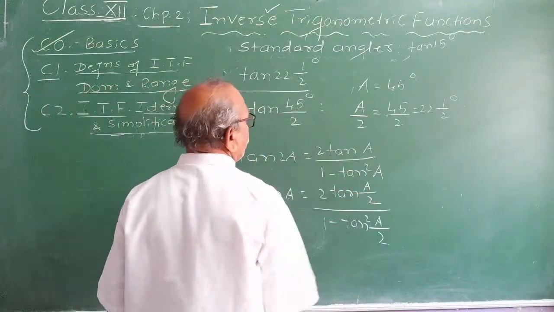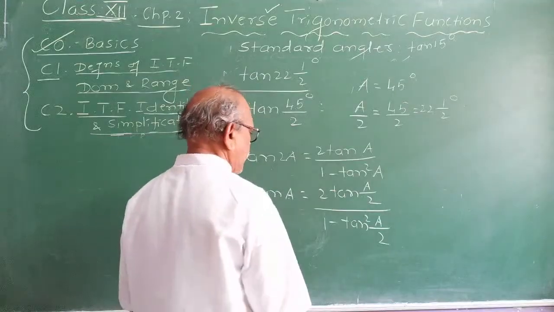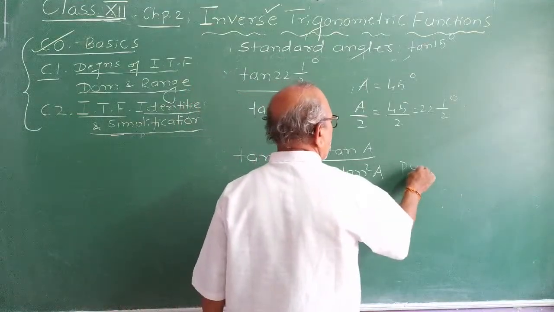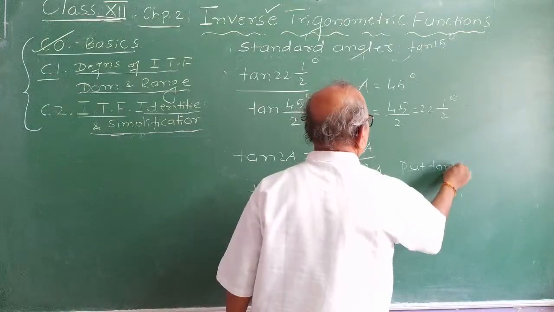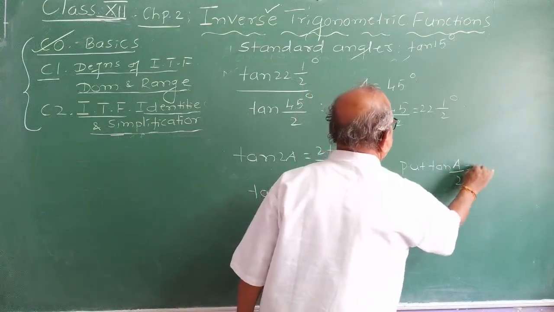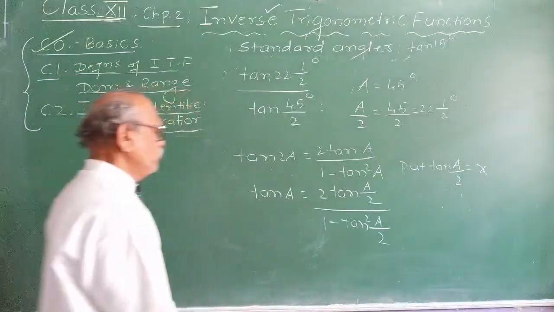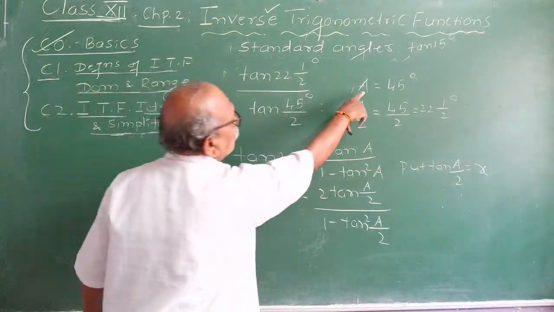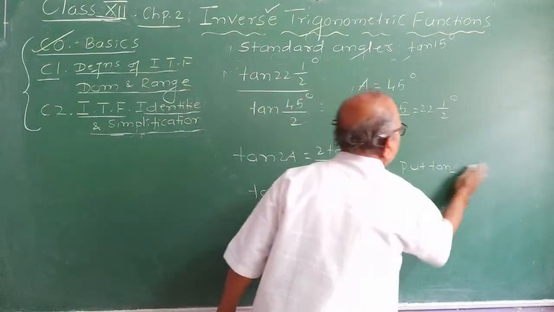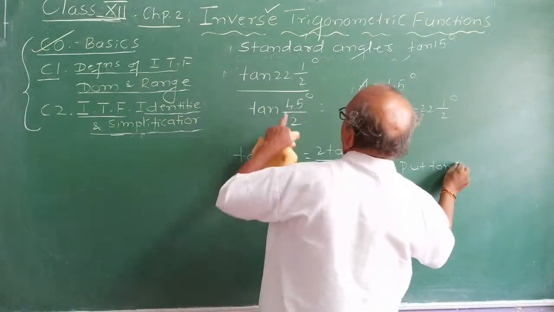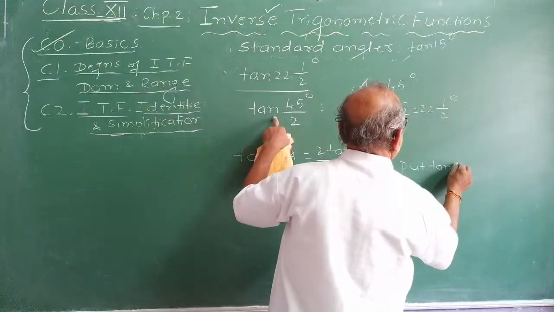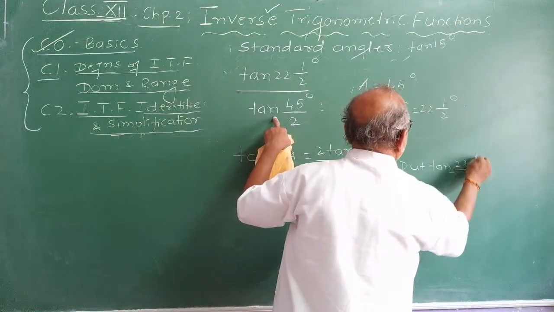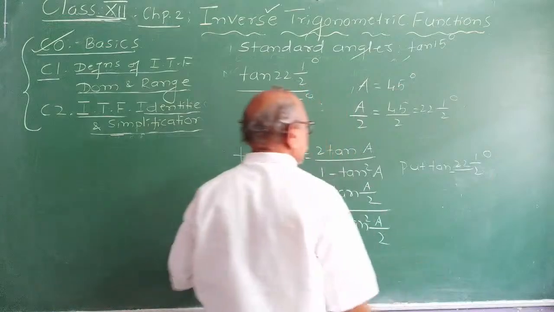Now we are interested in tan at 22.5 degree, tan A by 2, right? Let me put tan A by 2 is equal to x for the time being. What is A in this case? A by 2 means tan at 22.5 degree, which we are going to find out.